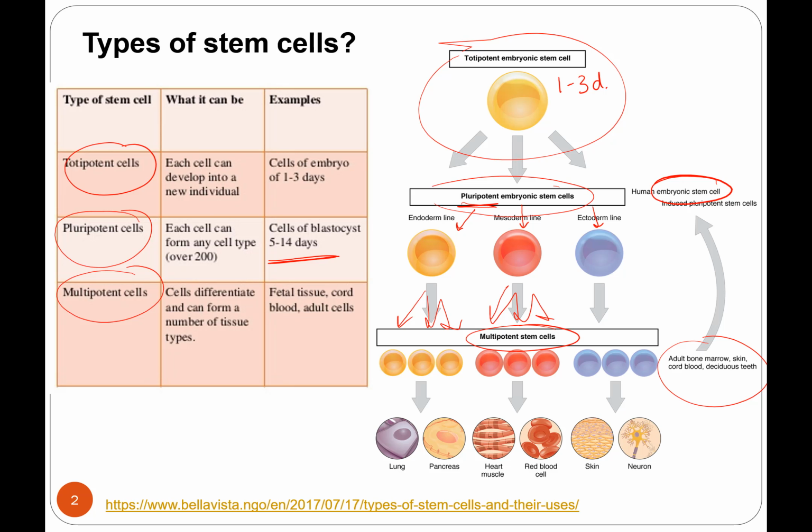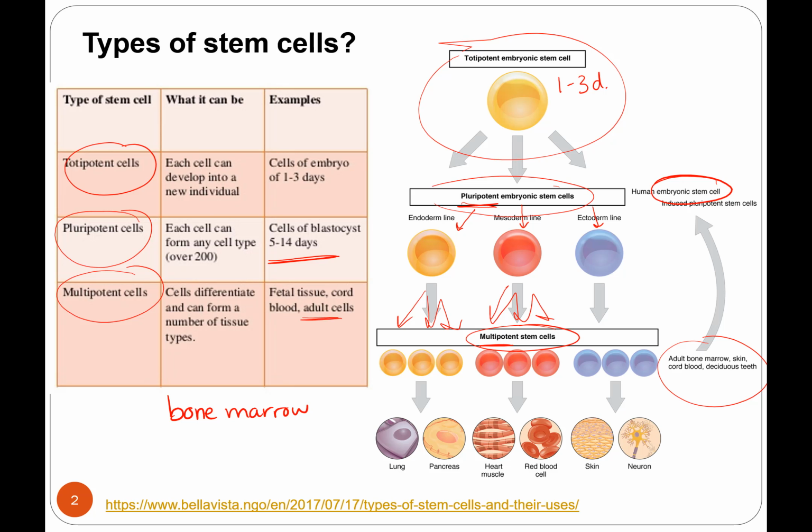So for instance, bone marrow is a multipotent stem cell. It can still differentiate into lots of different types of immune cells and red blood cells, white blood cells, but it couldn't make lung cells. It could not make skin cells. So its choices are still a little limited.